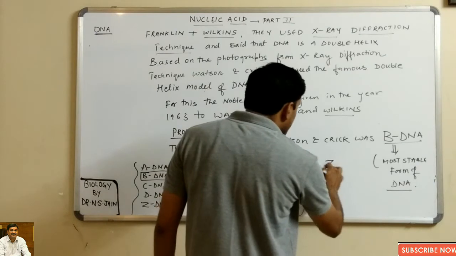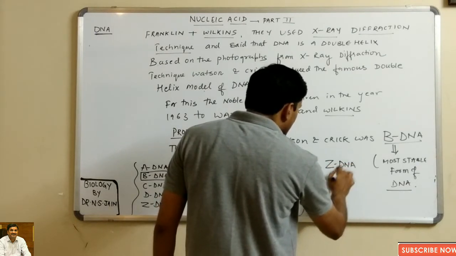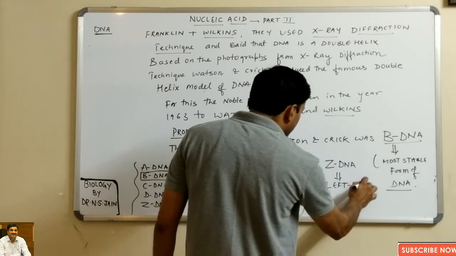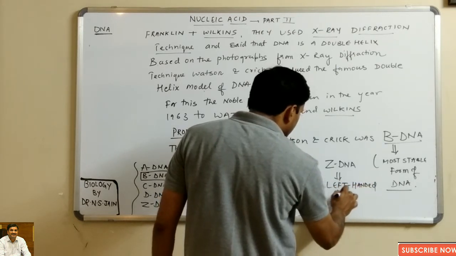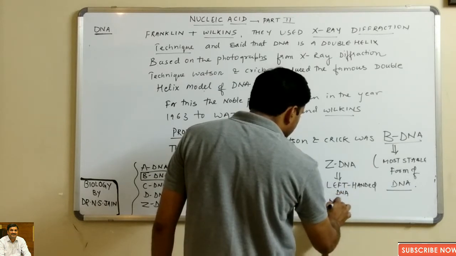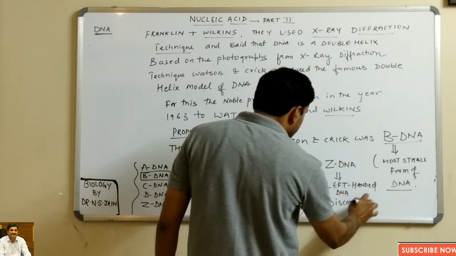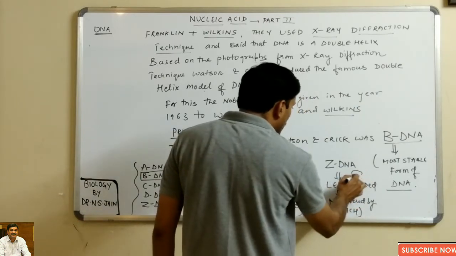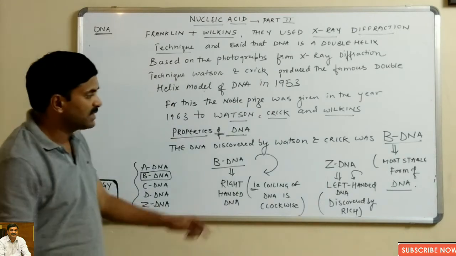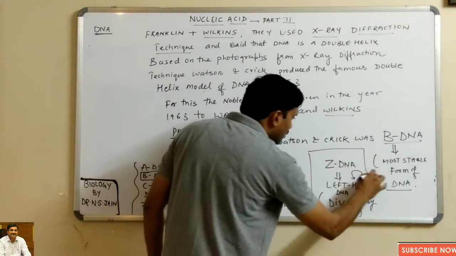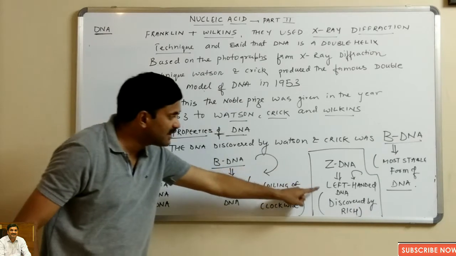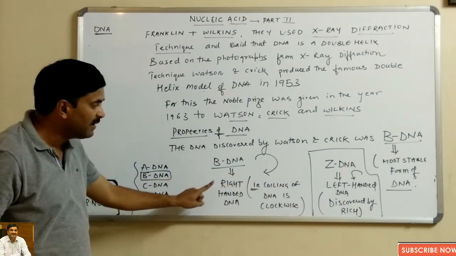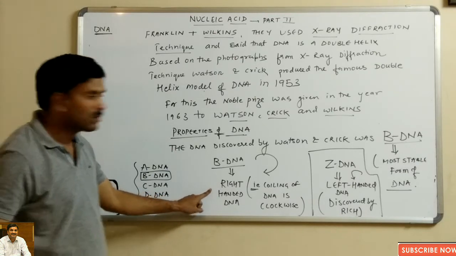But one thing must be remembered, that Z-DNA is left-handed DNA, discovered by Rich, and its coiling is in anti-clockwise direction. So the B-DNA we are going to discuss here is a right-handed DNA, in which the coiling is clockwise.